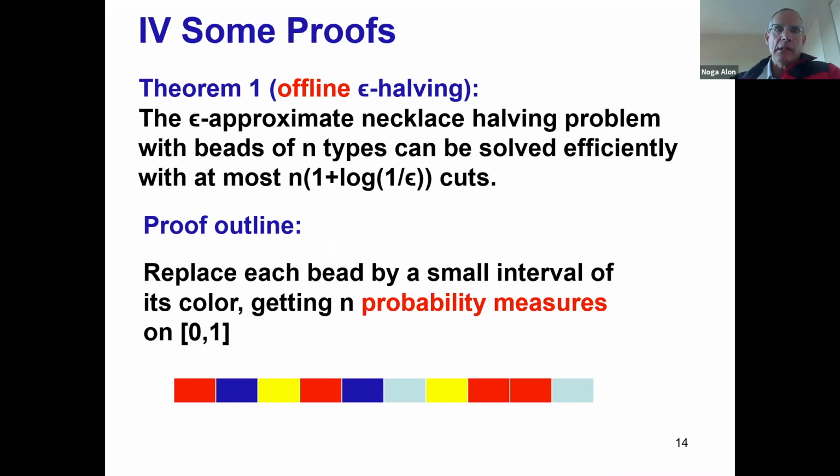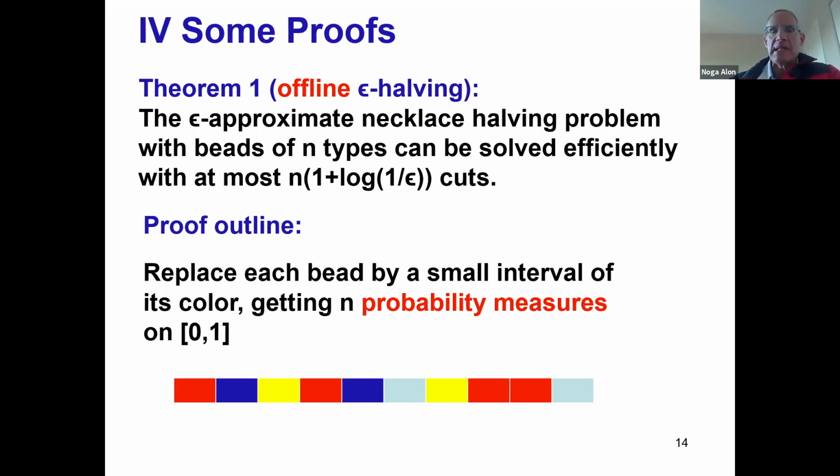If we forget that we know the exact topological result, this will also prove that there is such an epsilon halving with that number of cuts, and it will be efficient. So let's see how we do it.